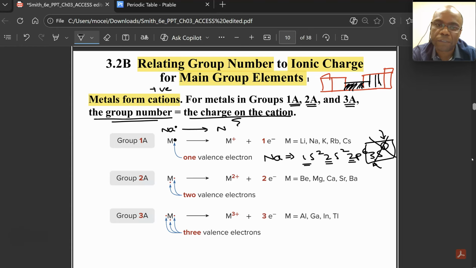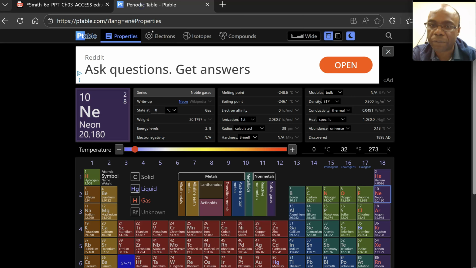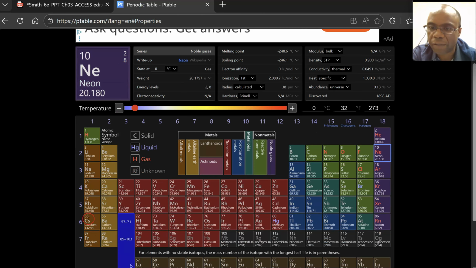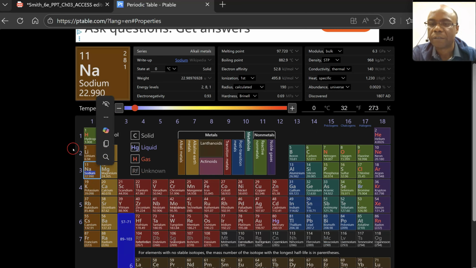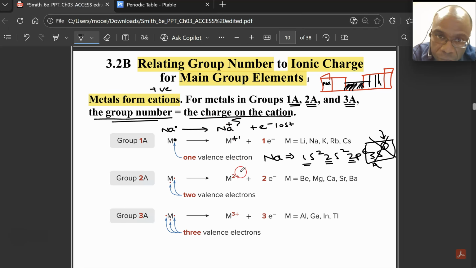So when 1 electron is lost from sodium, it gets a plus charge, so we have plus 1. You'll see in the periodic table sodium is right there in main group 1, matching the plus 1 charge it has once it loses the electron.